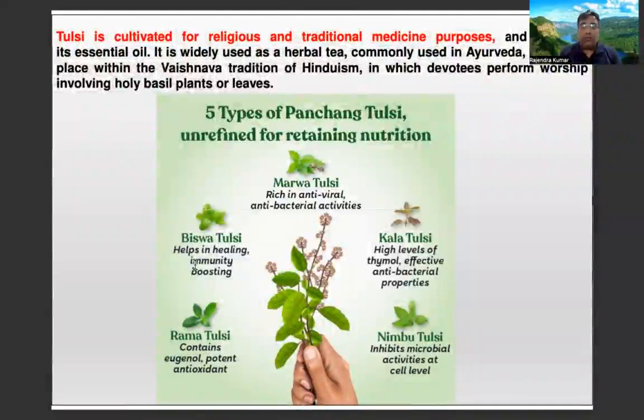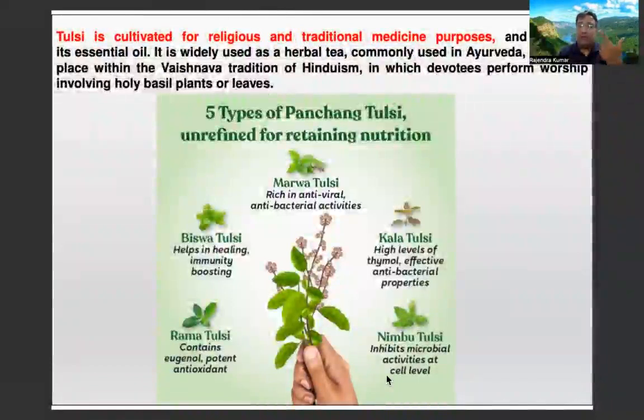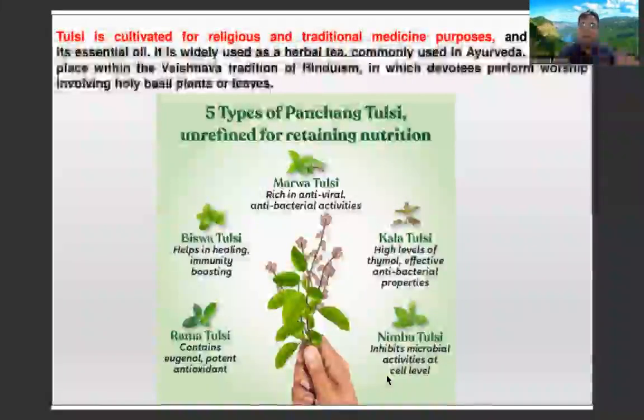It is also a potential antioxidant, with a high level of antibacterial properties, and it has antimicrobial activity at the cell level also. So the plantation is a religious element, it is also medicinal, and it is also healthy to eat, and at the same time it is one of the very important elements of Indian landscape.